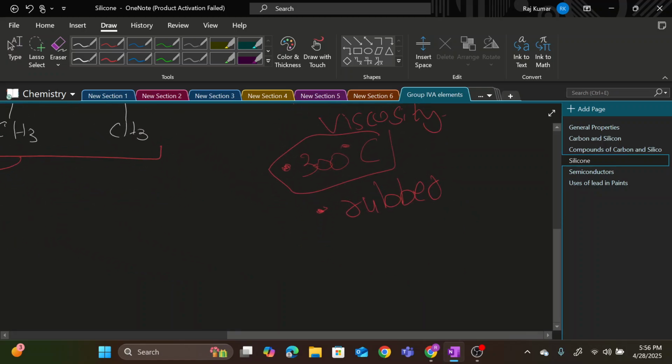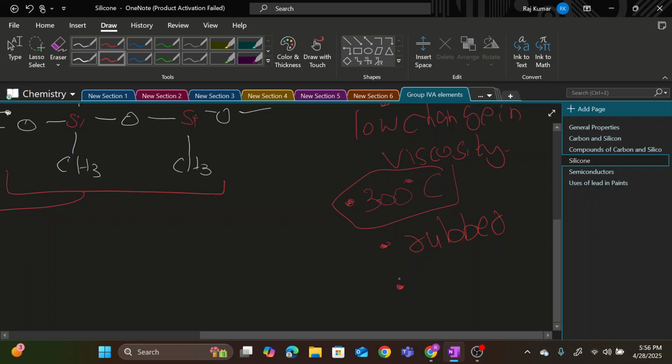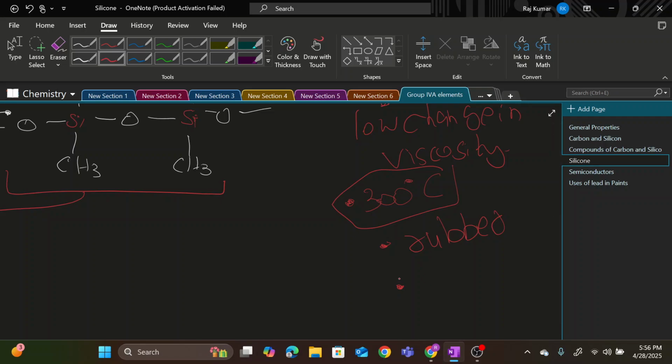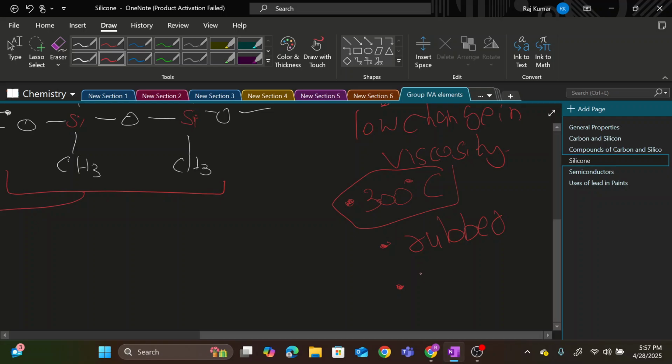Another important use is that whenever we are going to have a methyl chain at the end.